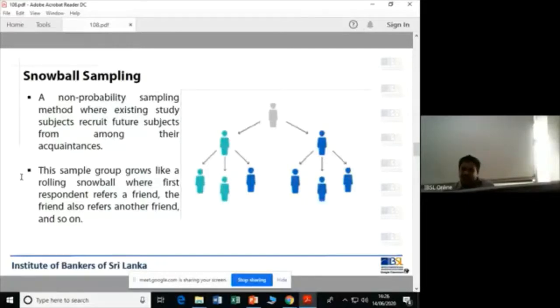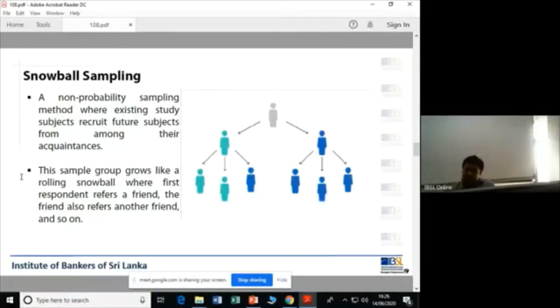When I was thinking of some good examples for snowball sampling, I came across this interesting thing. We all may have encountered that sometimes we have been forwarded a link to support somebody on a survey. Let's say I have a friend who is doing an MBA and he's doing a survey on the fisheries industry in Sri Lanka.